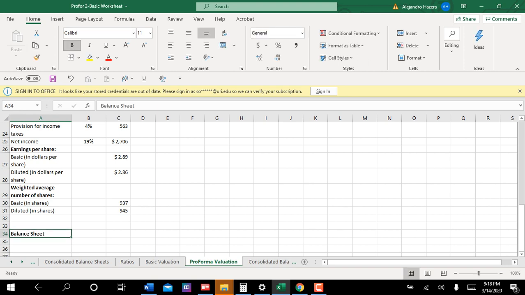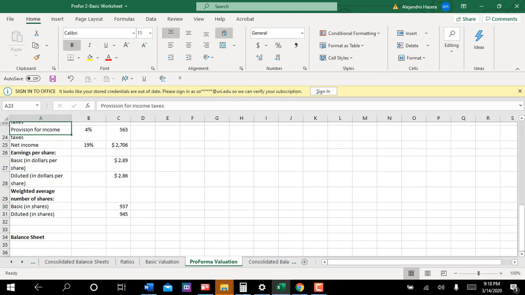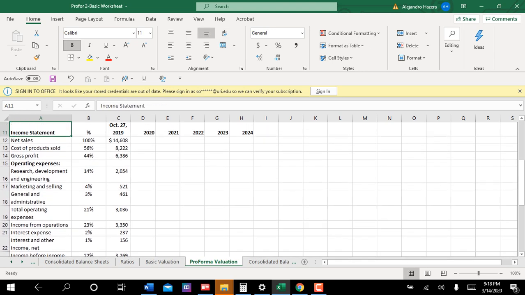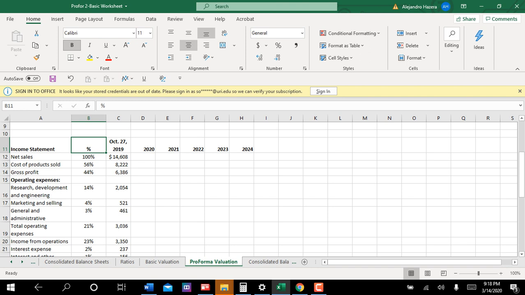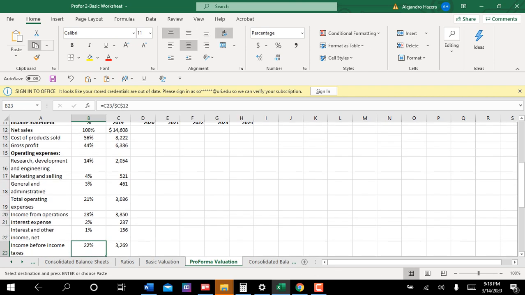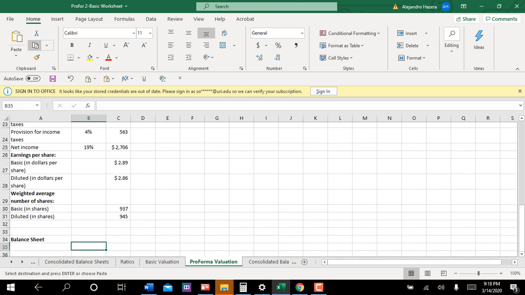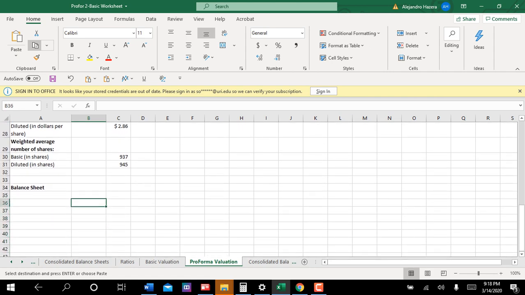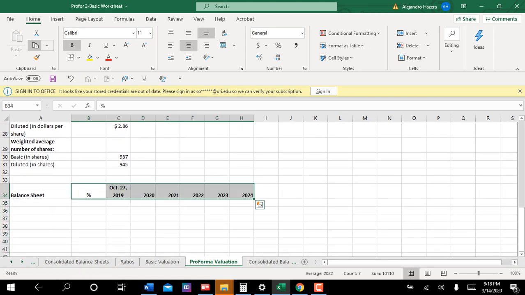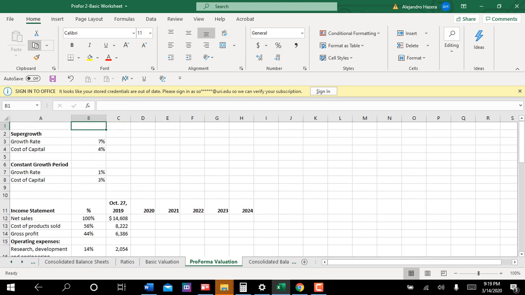Okay, and what we're going to do now, and this is the best way to do it, is take all of the headers that we had, all the years and the percentage, all the headers for the income statement, and copy those down to the balance sheet, because this is going to be a fairly long worksheet, and it's nice to have those to refer to when you're scrolling down. So our balance sheet will have the same headers as our income statement.